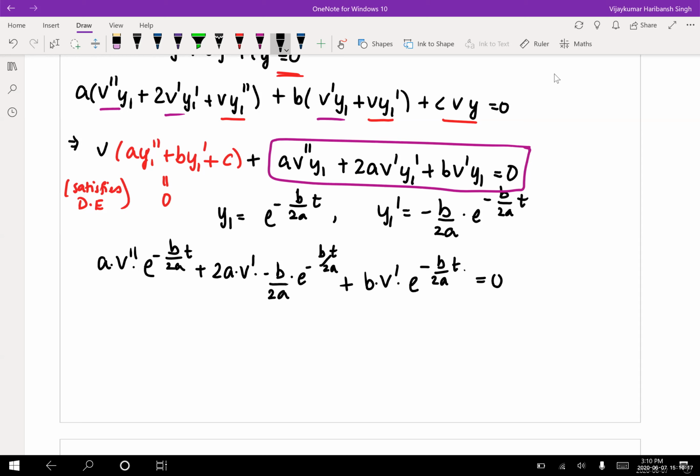This equals 0. Simplification of this will give some condition on v double prime, and that will help us solve the problem.